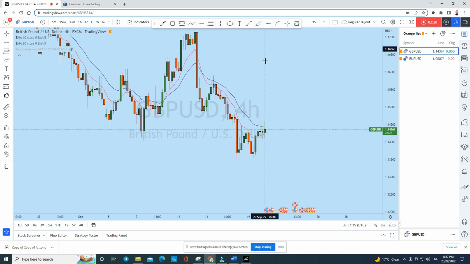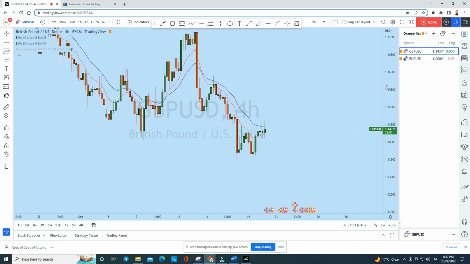As you can see, on the 4 hour perspective, GBP/USD has created an inverted head and shoulders. That could mean some strengthening of GBP and weakening of USD, which could make GBP/USD go up.